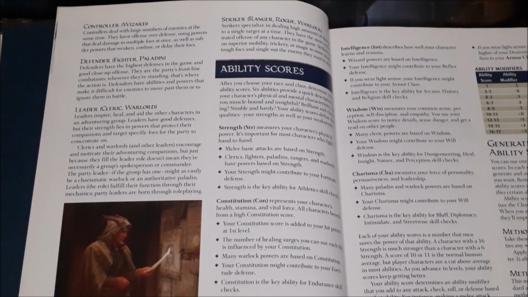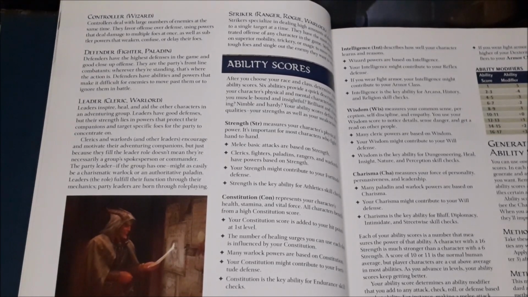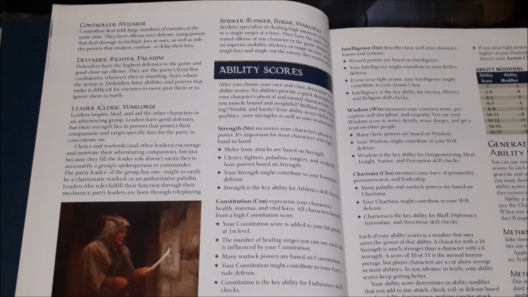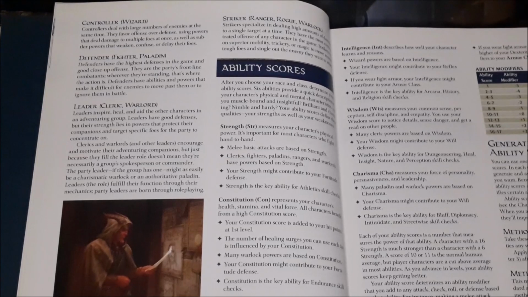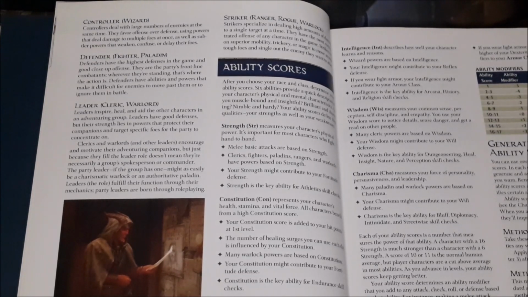Then the next one that we have is the leader. This is also one that's going to factor in heavily to today's video. The examples given here are cleric or warlord. Again, these are from the classes presented in this book. Leaders inspire, heal, and aid the other characters in the adventuring group. Leaders have good defenses, but their strength lies in powers that protect their companions and target specific foes for the party to concentrate on.